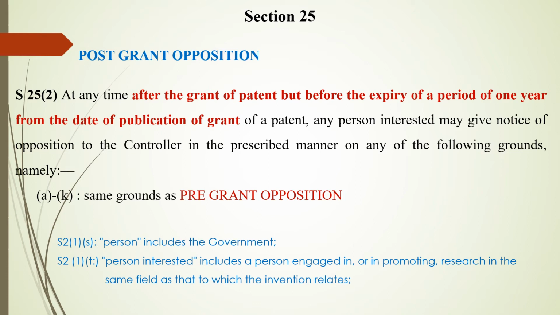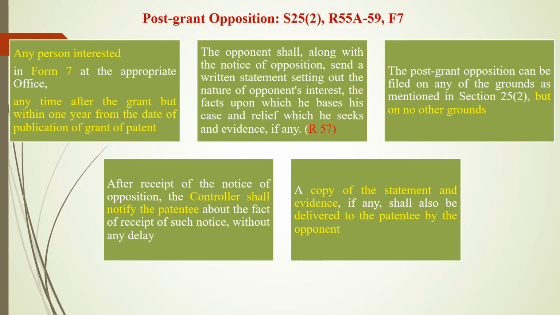The difference between person and person interested is clearly mentioned under section 2(1)(s) and section 2(1)(t). The relevant rules regarding post-grant opposition are Rule 55A to 59.